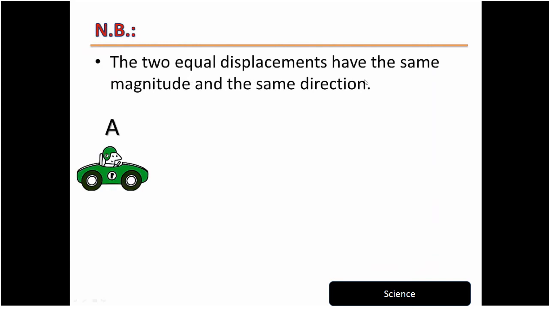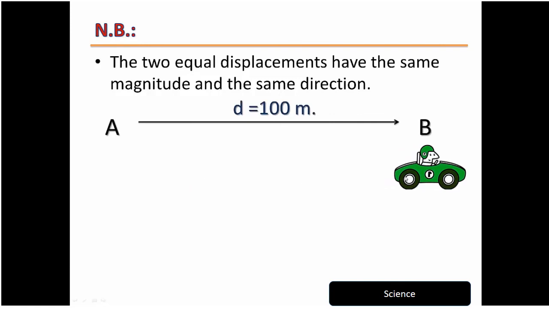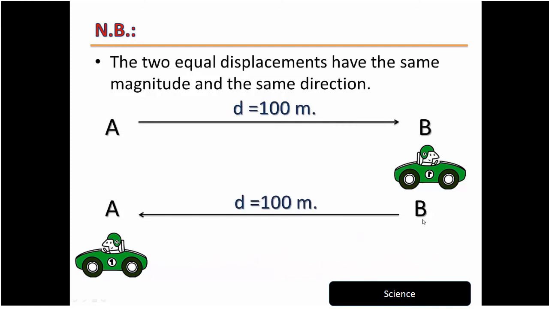The two equal displacements have the same magnitude and the same direction. If we have a car, this car moved from point A to B, a distance of 100 meter, then we have the same car return back from B as a starting point to A and covered 100 meters.